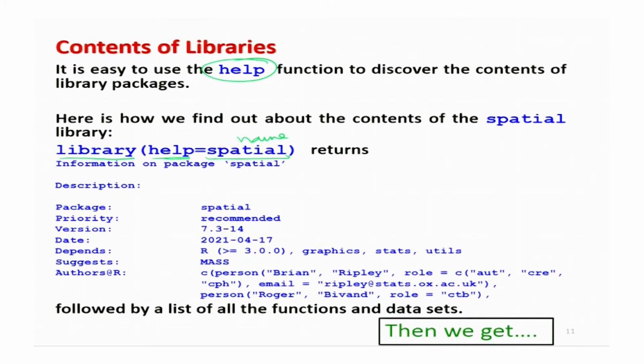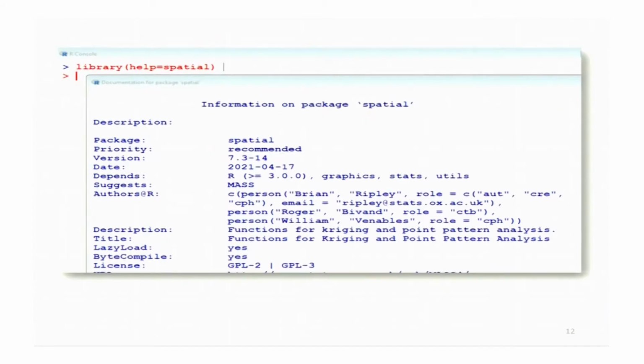It will give you details like information on package spatial, priority recommended, version, date, etc., followed by a list of functions and data sets available with it, right. I have given you here a screenshot.